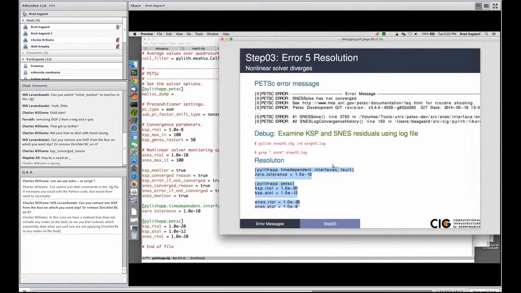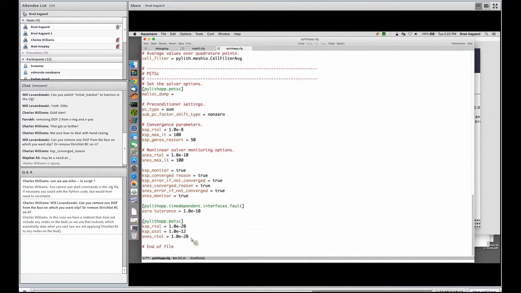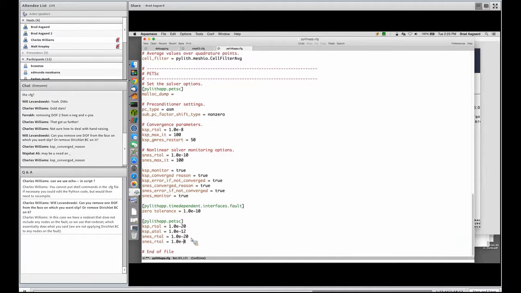I did. SNES absolute tolerance of 10 to the minus 8. Yes, I think I got the SNES KSP converge reason. Oh, I do. Thank you.